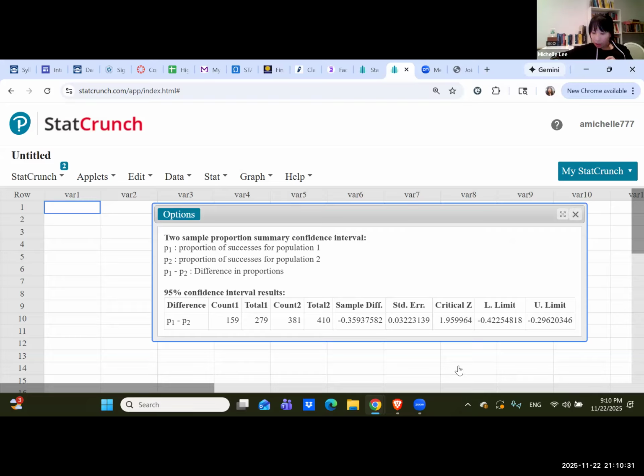Okay, now the confidence level. Hold on one second. And this is the lower limit and the upper limit.